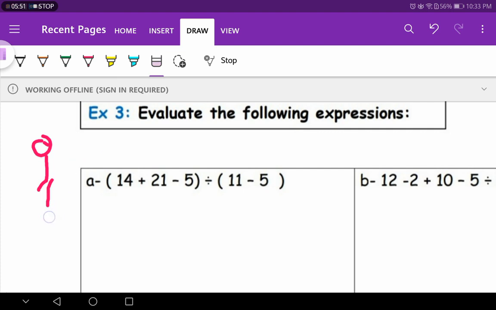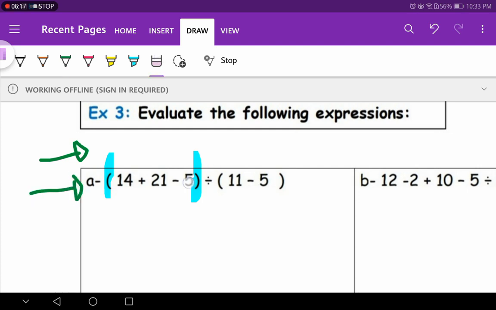But there is one situation where you can do plus and minus before multiply and divide: if you have brackets, parentheses, whatever you call them. You have to execute what is inside, and always start from the left.